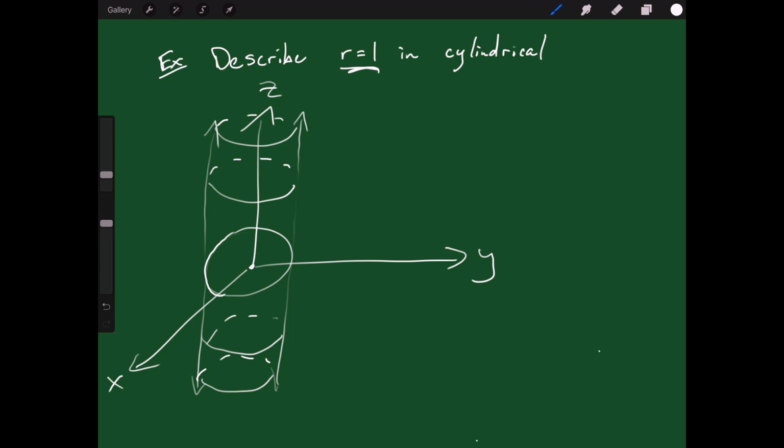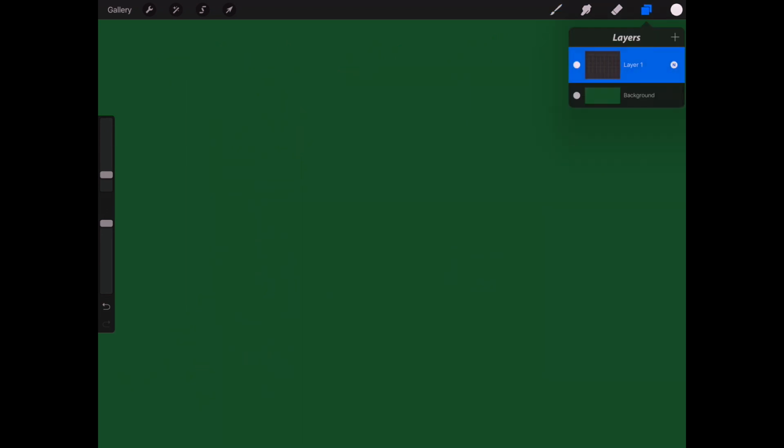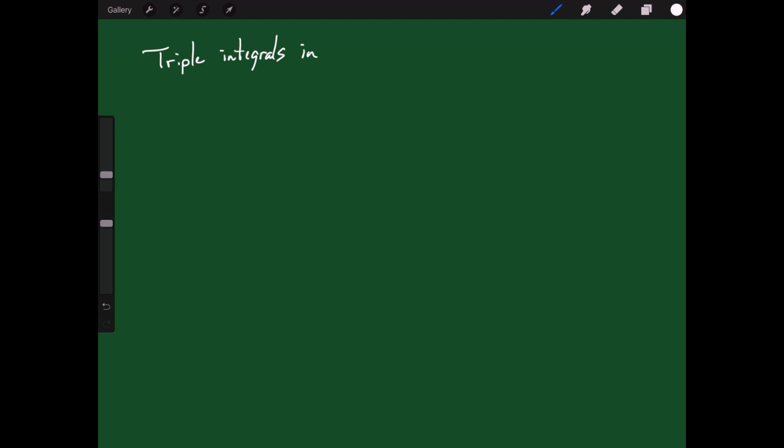So now, how do I actually integrate in cylindrical? So let's think about triple integrals in cylindrical. All right.